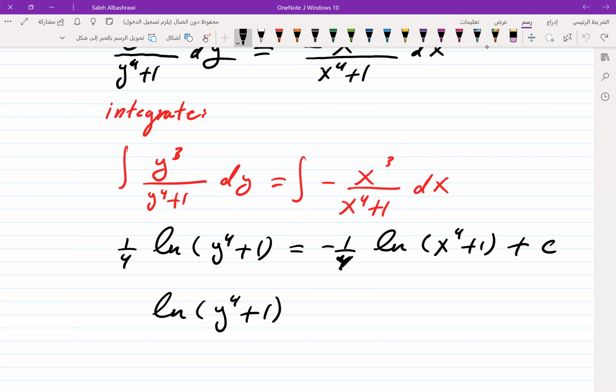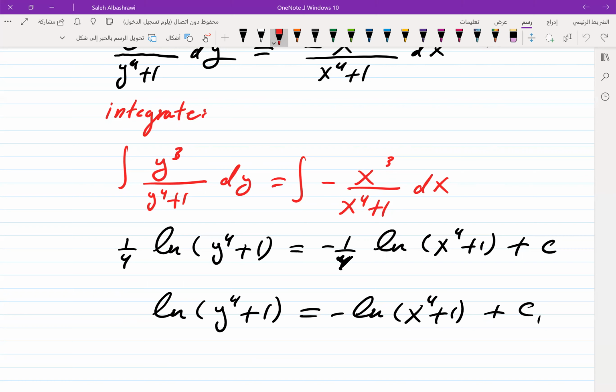Or it is just ln(y⁴ + 1) equal to minus ln(x⁴ + 1) plus 4c, or just I will say c1. If you multiply by 4, I will get this form of the solution.